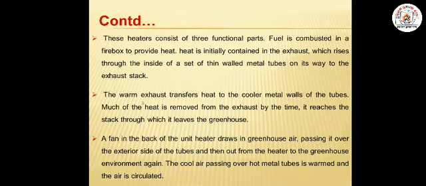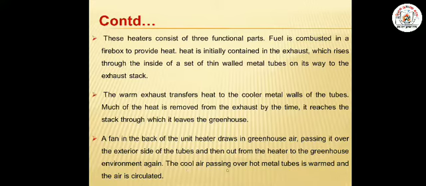The warm exhaust transfers heat to the cooler metal walls of the tubes. Much of the heat is removed from the exhaust by the time it reaches the stack, through which it leaves the greenhouse. A fan in the back of the unit heater draws in the greenhouse air, passing it over the exterior side of the hot tubes, and then out from the heater to the greenhouse environment again.